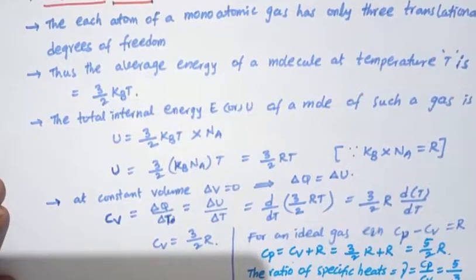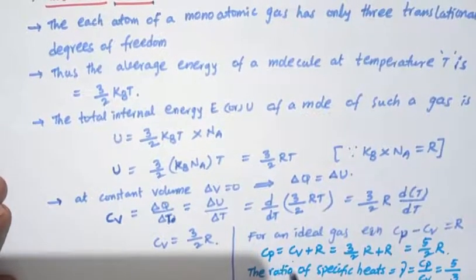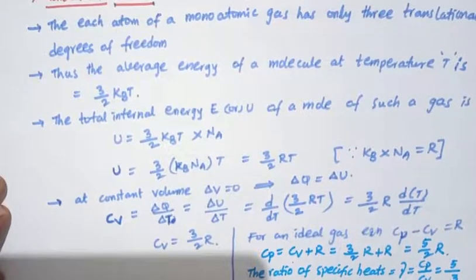So for monoatomic gases, the gamma value is 5 by 3.